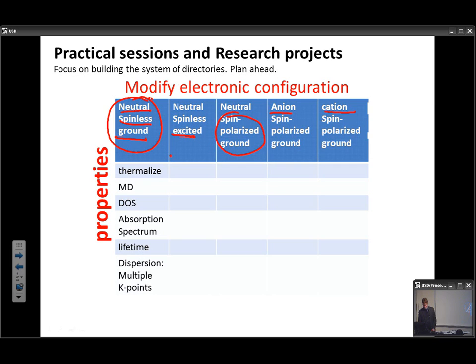And for each of those streams, you may want to have a separate directory for running the thermalization, molecular dynamics, for finding density of states, for finding spectrum, those k points, and specific directory for orbitals.